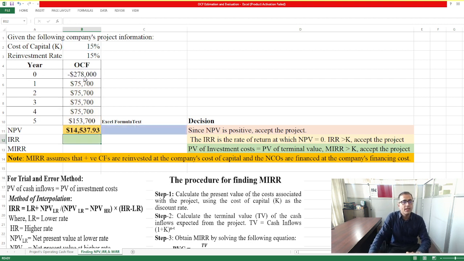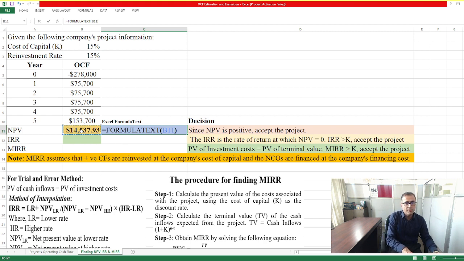If you enter it, we come to know that our value is 14,537.93. Again, by using the formula text function in Excel, you just click this one, and once you select your calculated figure, that is B11, it will show you the detail of what we did here, right?